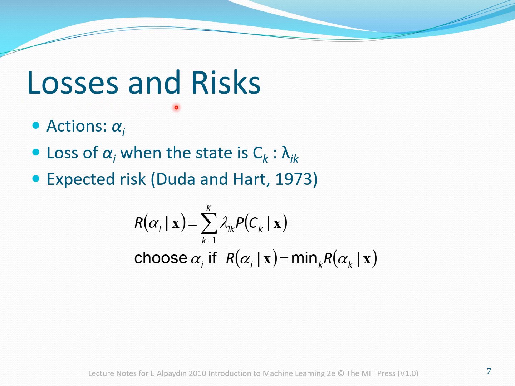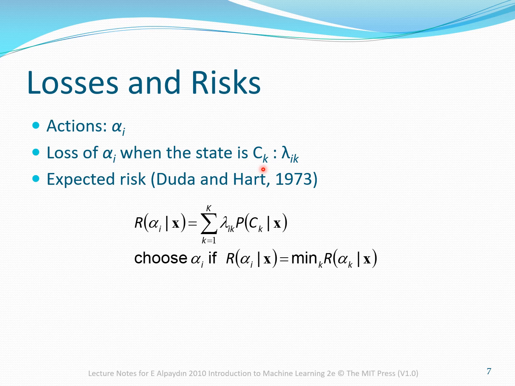Losses and risk. Let us define the action alpha i as the decision to assign the input to the class Ci, and lambda ik as the loss incurred for taking action alpha i when the input actually belongs to Ck.